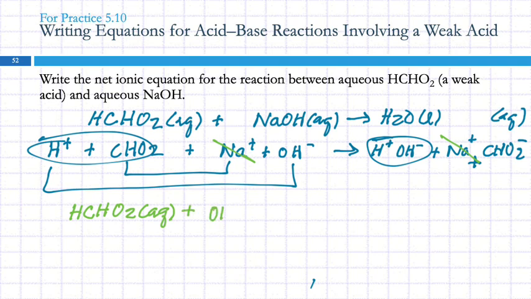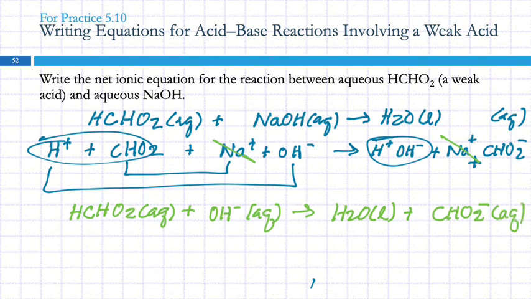So we're going to write down what's left. This is the net ionic equation. Sodium is not going to get shown here because what if hydroxide had brought potassium instead?